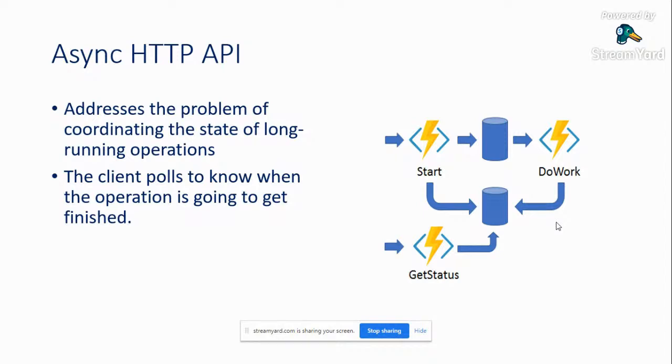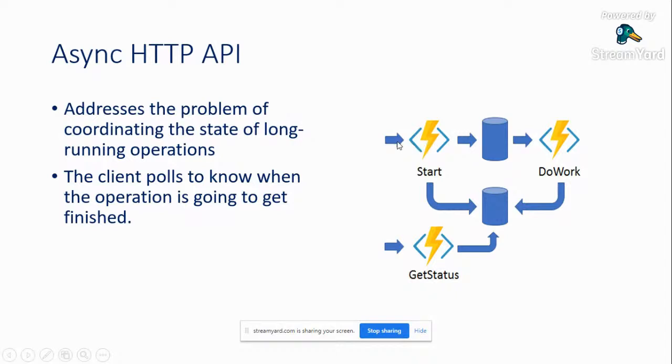So what we'll do is we'll just make the client navigate to the get status HTTP endpoint. Let's assume this start is an endpoint. Okay, this is an HTTP endpoint maybe. So this is going to call the activity function do work. Now the client will only be given this start HTTP endpoint, right?